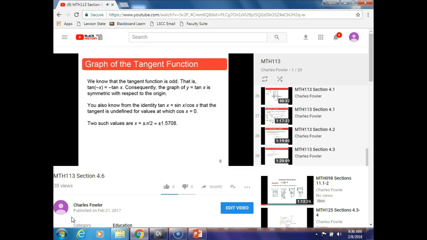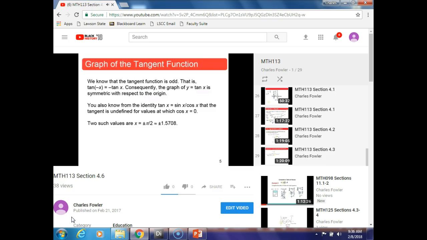Whatever you do over here, you put the opposite over there. Consequently, the graph of y equals tangent x is symmetric with respect to the origin, meaning that what you see on here is down here with respect to the origin.